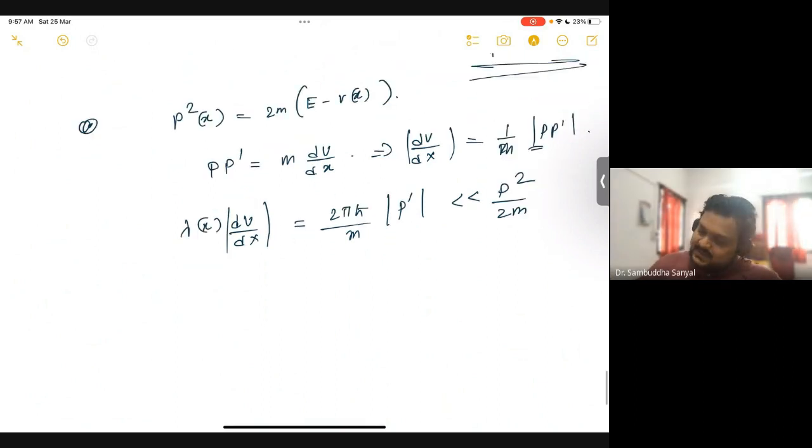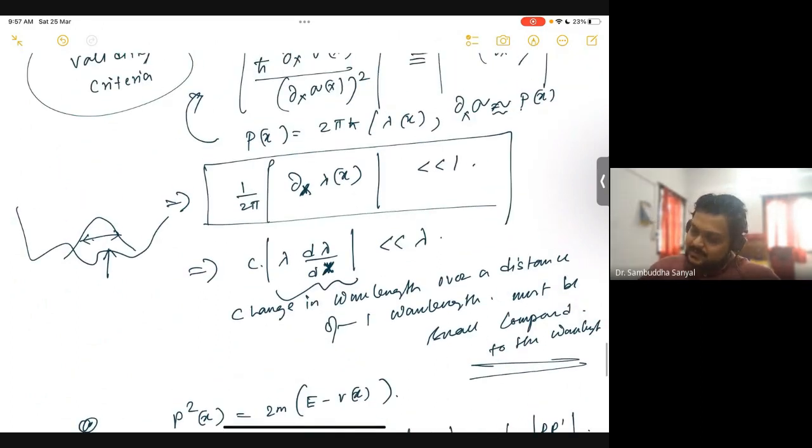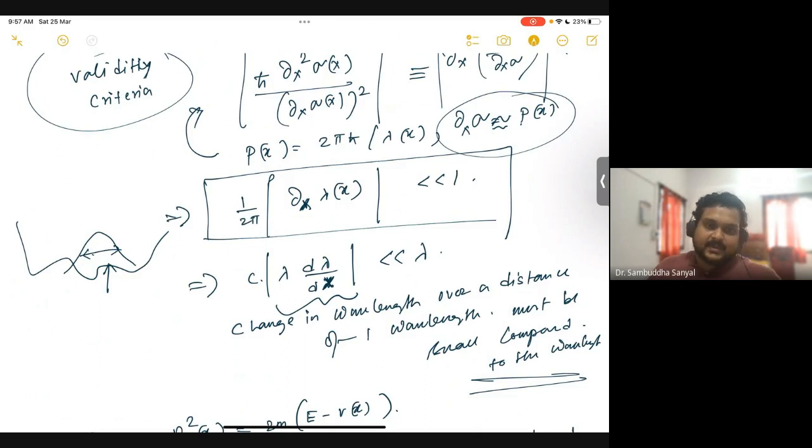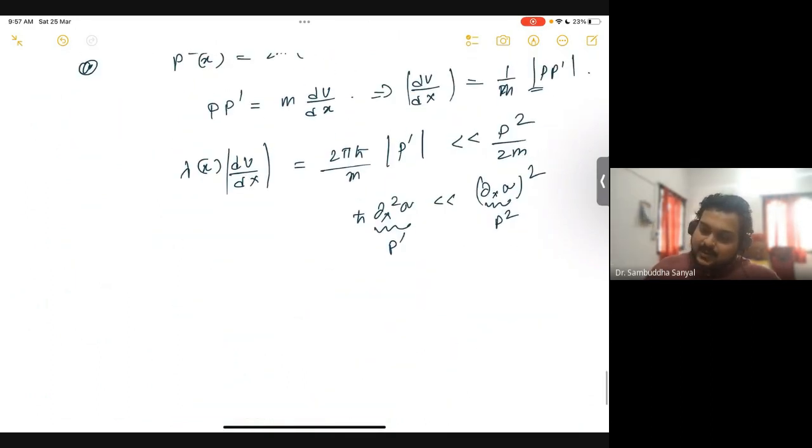Why? Because this is the same as the criteria that h bar del x squared sigma is smaller than del x sigma squared. So del x sigma is basically p, and this is basically p prime, as we saw in the zeroth order. So basically my criteria becomes lambda times dV/dx is less than p squared by 2.